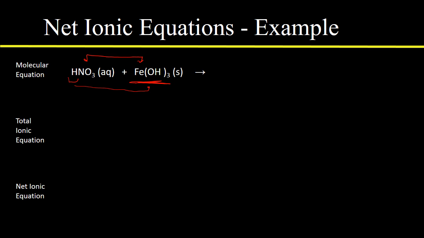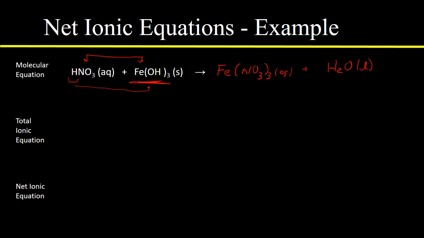We need to be careful with charges here because the nitrate has a -1 charge and the iron has a +3. So the formula for iron nitrate is Fe(NO3)3, and then water. All right.